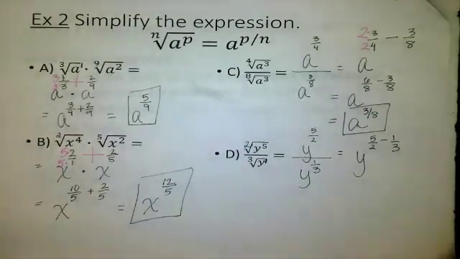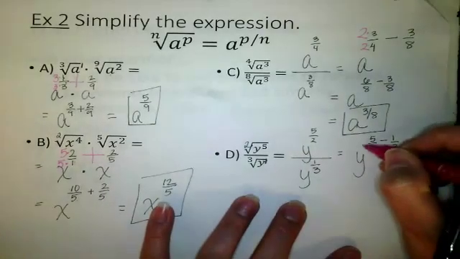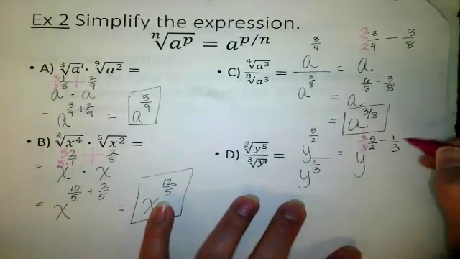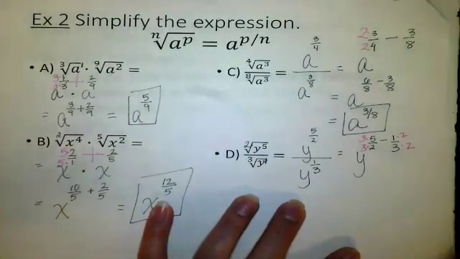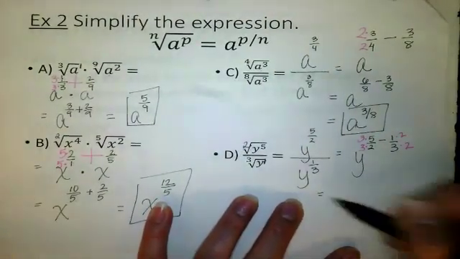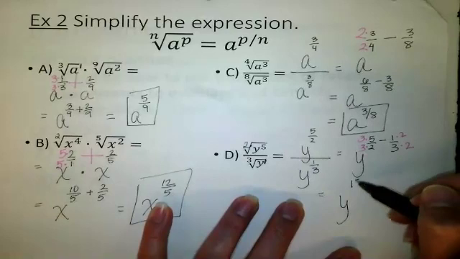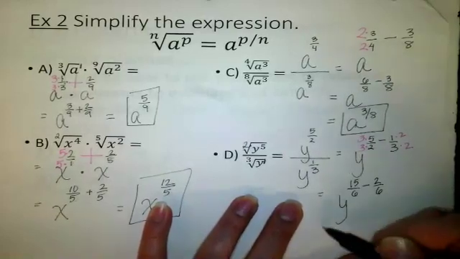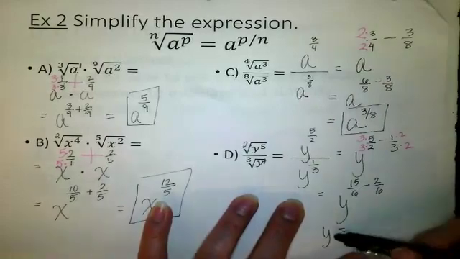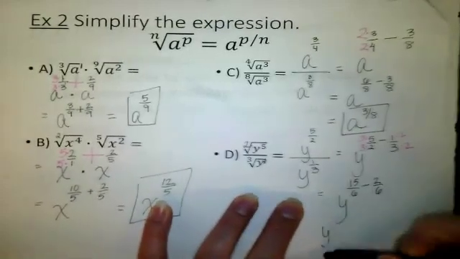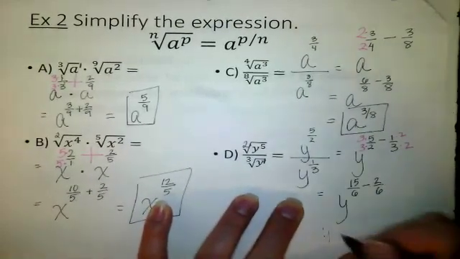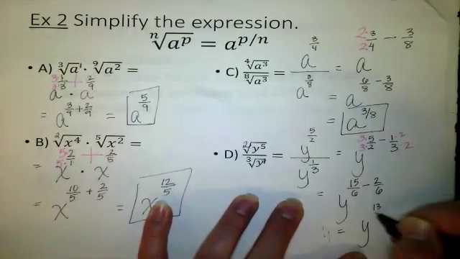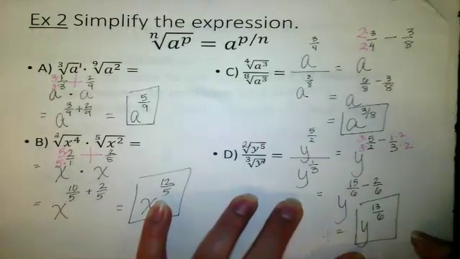Top minus bottom. What's the common denominator? 6. So I'm going to multiply by 3 on the first fraction and 2 on the second fraction. That becomes 15/6 minus 2/6, which is y to the 13/6, which is the fine answer.